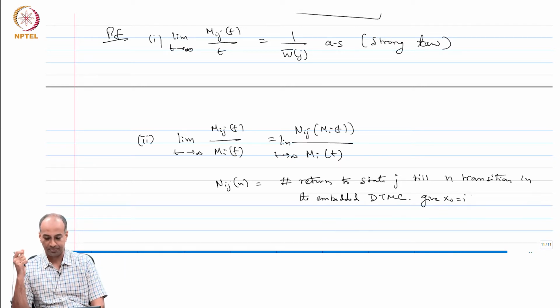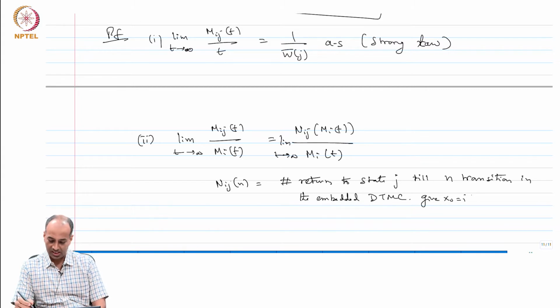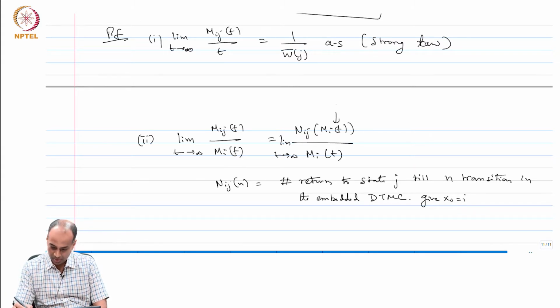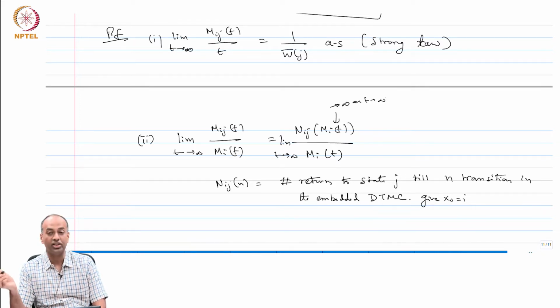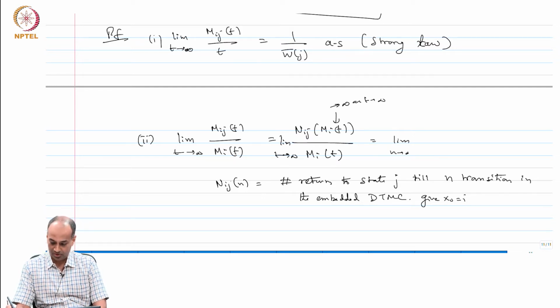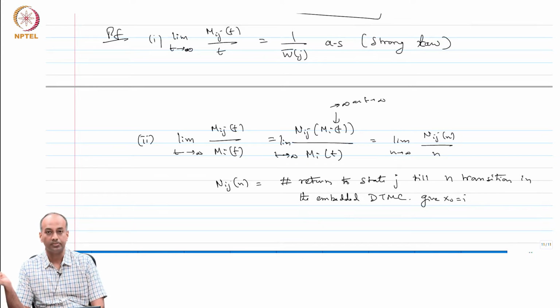Is that clear? Now remember that this argument, mi of t, goes to infinity as t tends to infinity, which we have already shown. So, this is like the limit as n tending to infinity of Nij of n over n, correct.